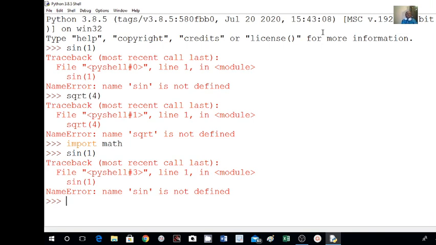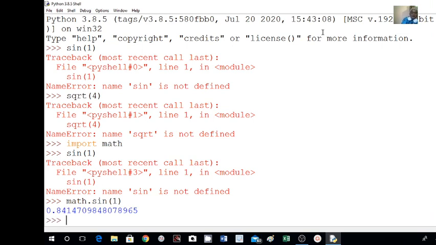So again I am getting an error here. I imported math here, but what I have to do is give it like this: math dot sine of 1. Okay, enter. Now I am getting the answer.